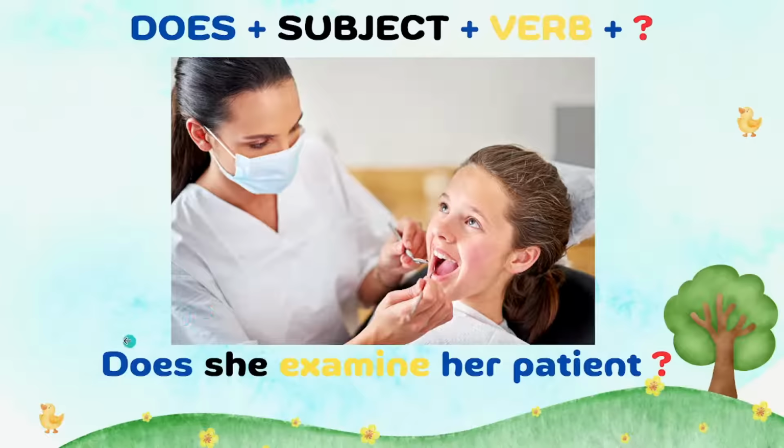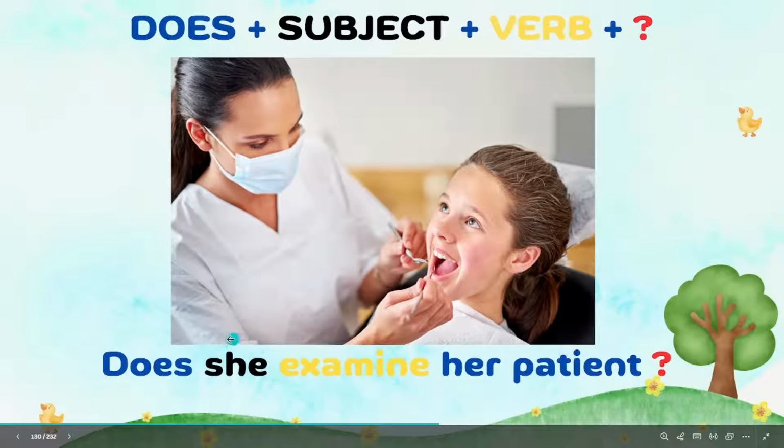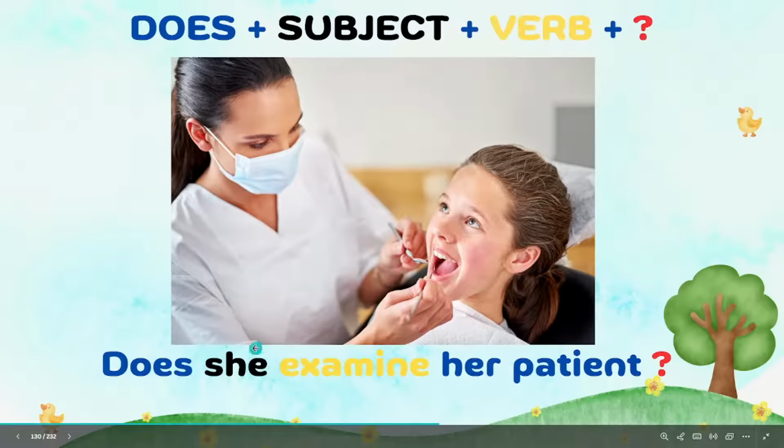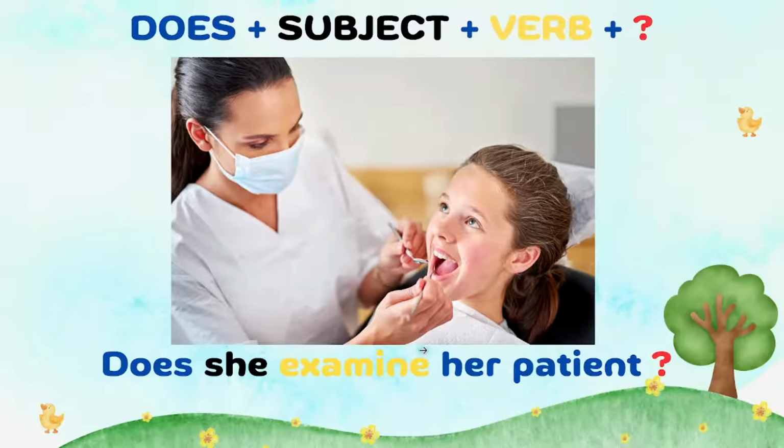So it says here, does, since she. Remember, we will use does only for he, she, and it. Since this is a girl or a lady dentist, we will use she. And then examine is an action word, a verb.